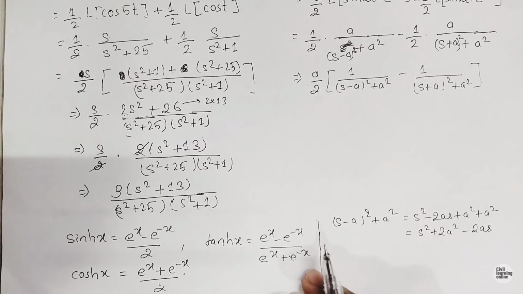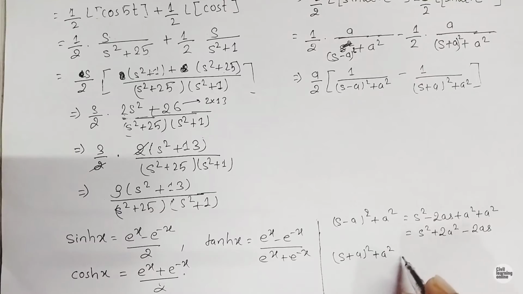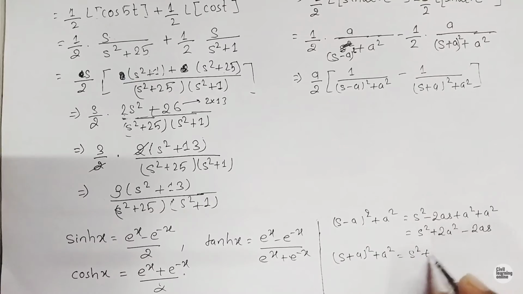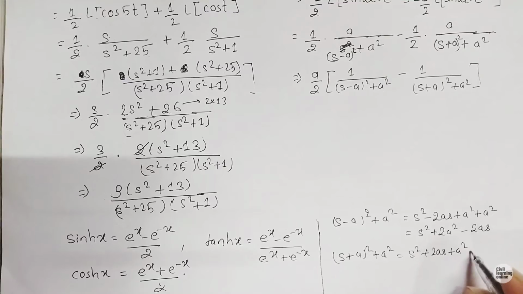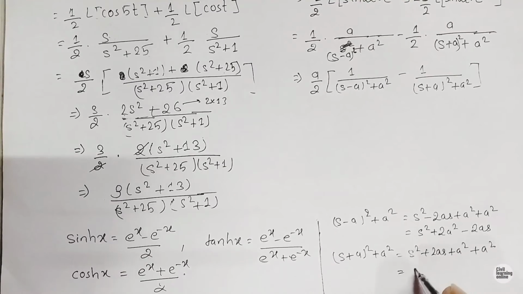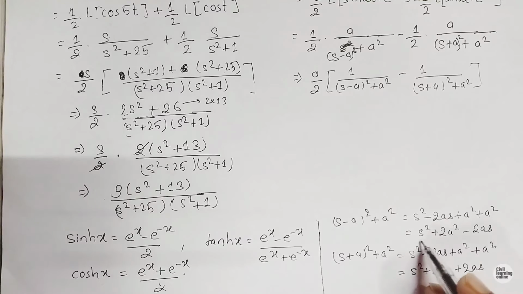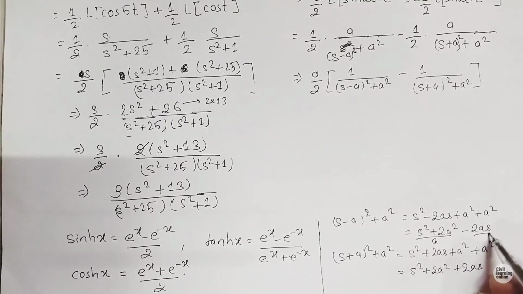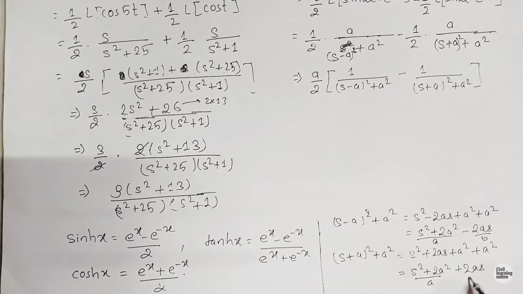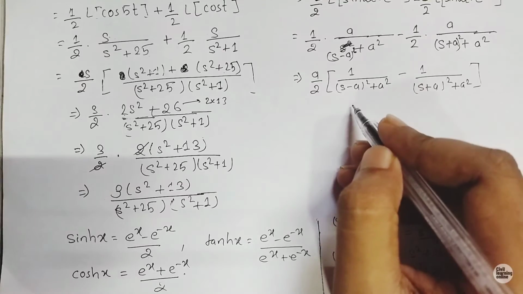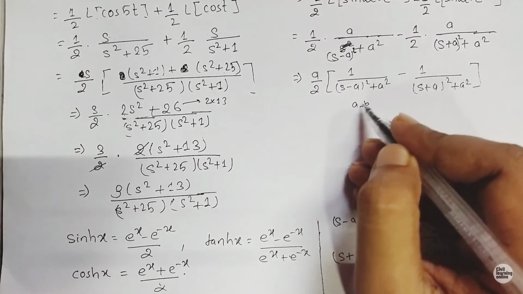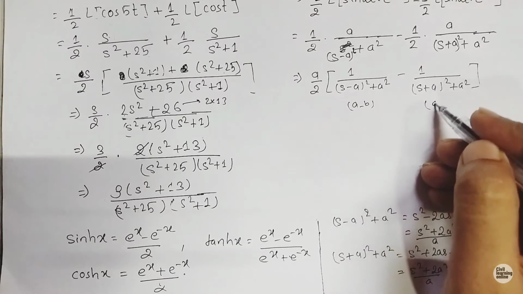Similarly, we have one more term, that is (s plus a) whole square plus a square, so we will have here s square plus 2as plus a square plus a square. Again we can rewrite it as s square plus 2a square plus 2as. Means, if we consider this term as a and this as b, the first expression is actually a minus b and the second one is a plus b.